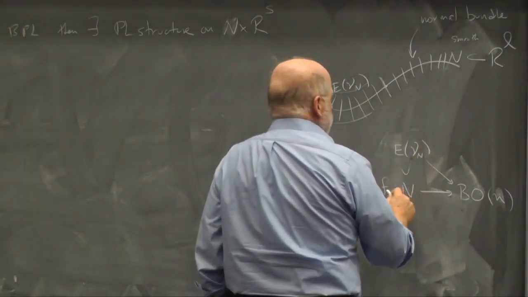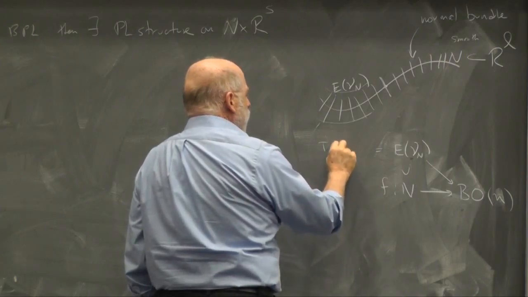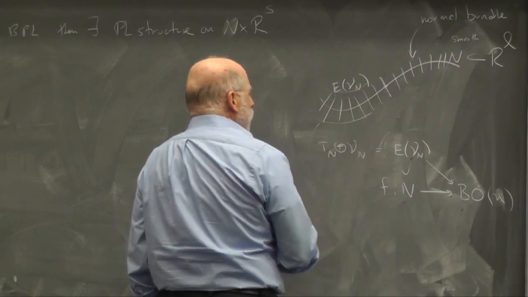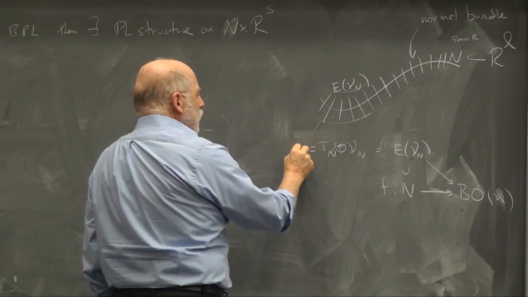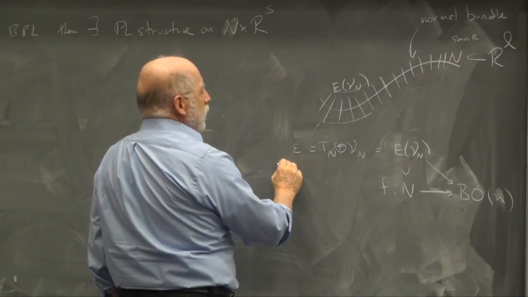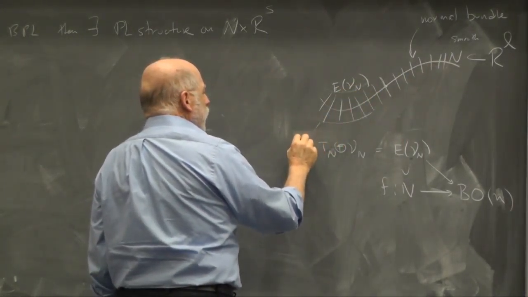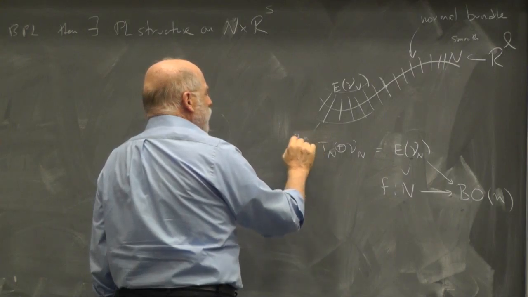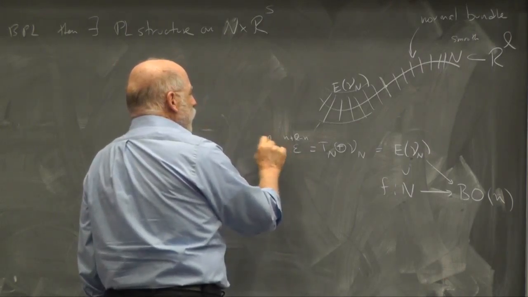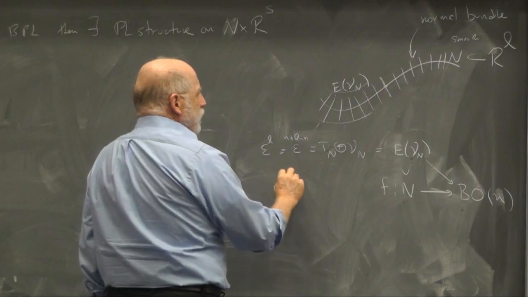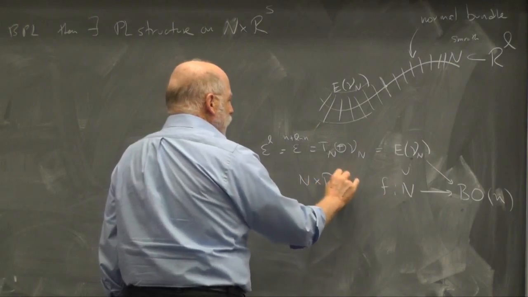So this thing is really the tangent bundle of N Whitney sum the normal bundle of N. This is in R^L, so the normal bundle has dimension L minus N, and the tangent bundle has dimension N, so it's N plus L minus N, so this is just the trivial L bundle. Which means that this whole thing, which is smooth, is N cross R^L. It's smooth.